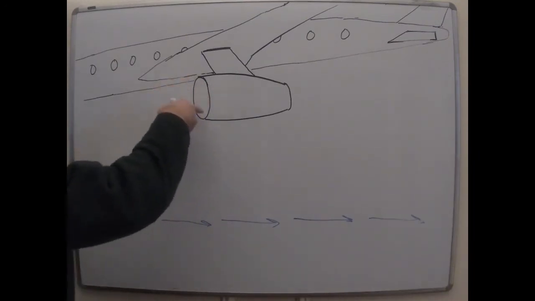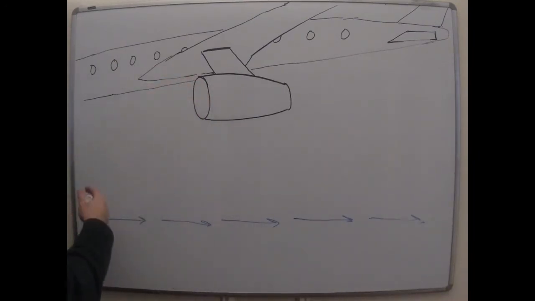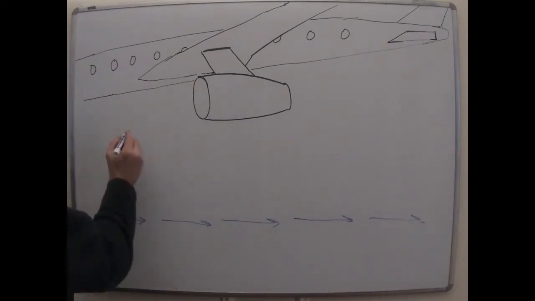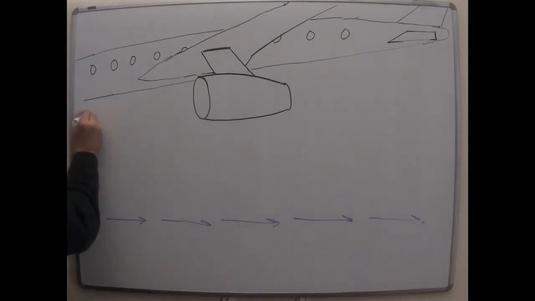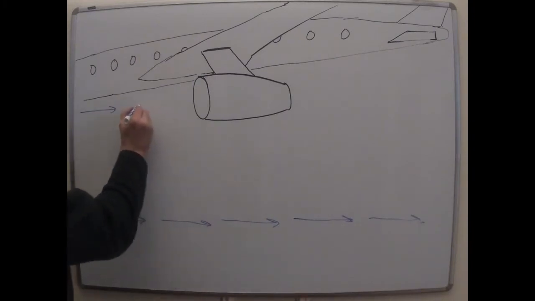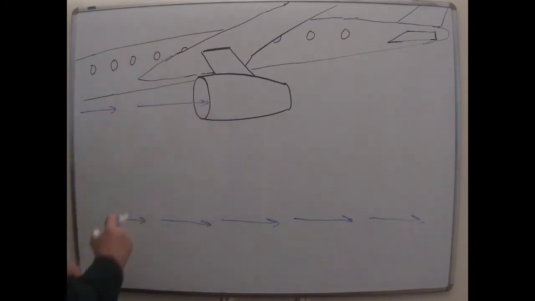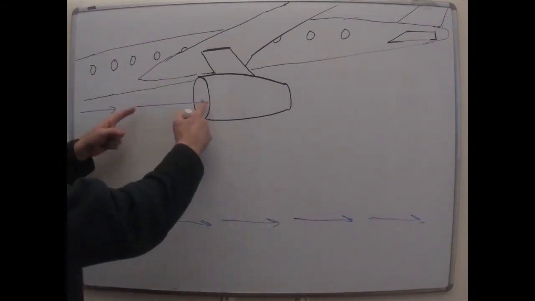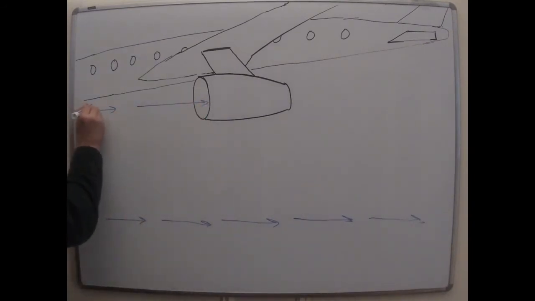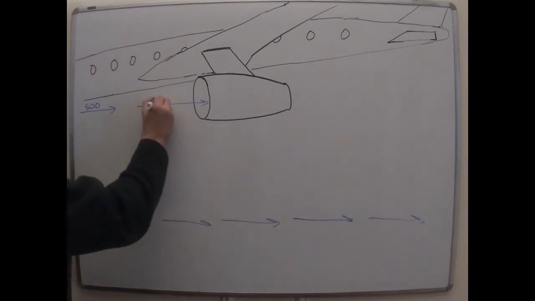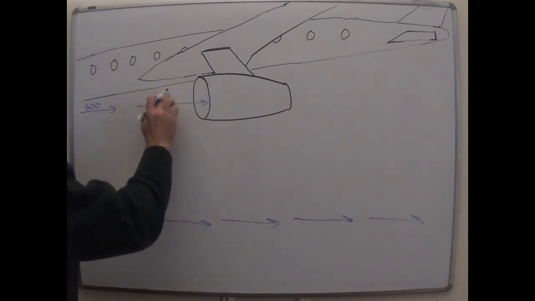First of all, there's a fan or a turbine in the front that sucks air in. So the air here might be going 500 miles an hour, but the next packet of air that's a little closer to the engine is going appreciably faster. So that's meant to be a longer vector. This one's 500 mph. This one's maybe 700 or 800 miles per hour. Let's say 700.